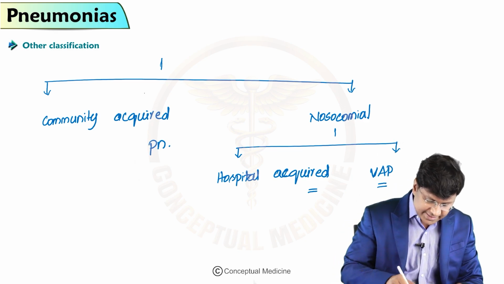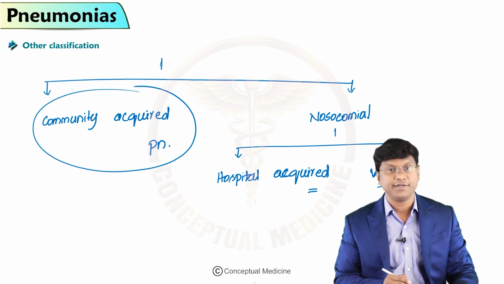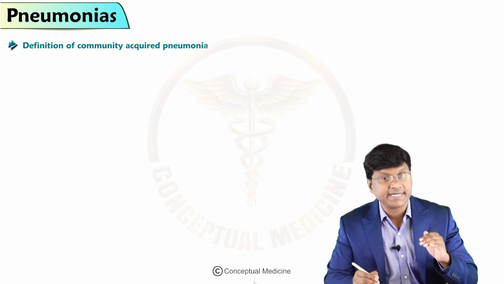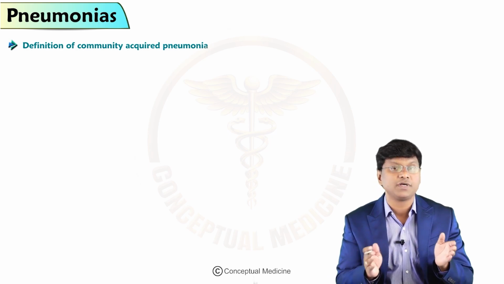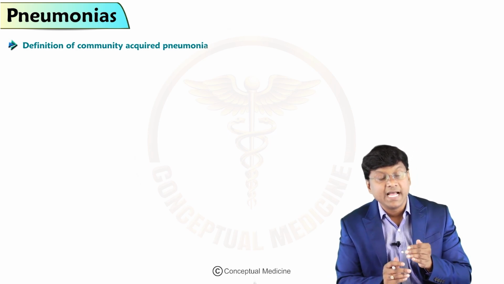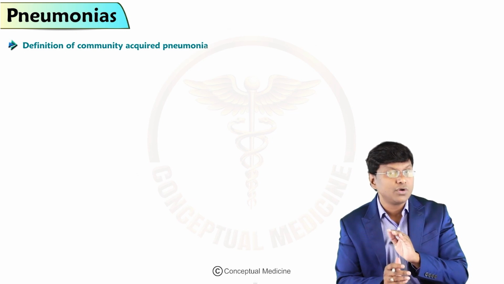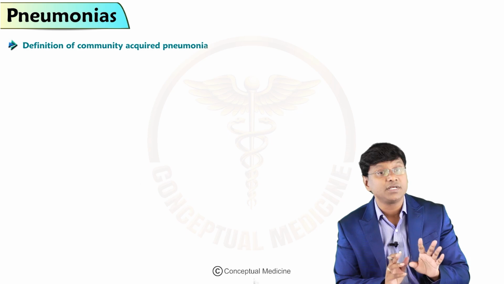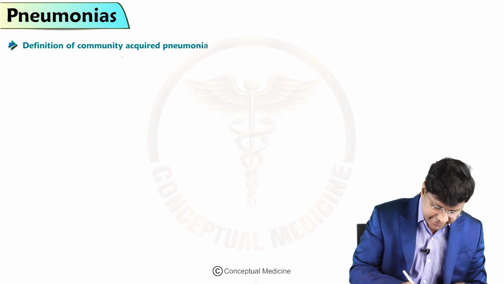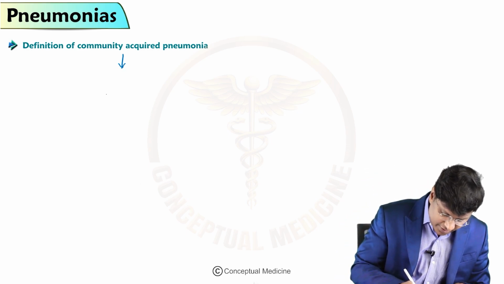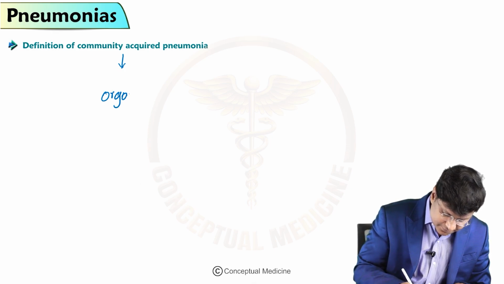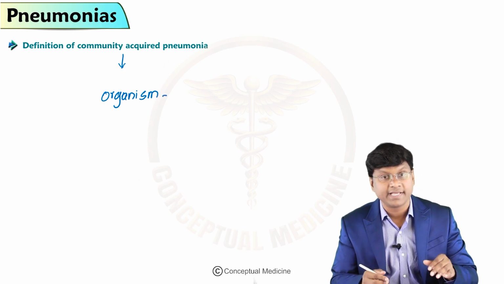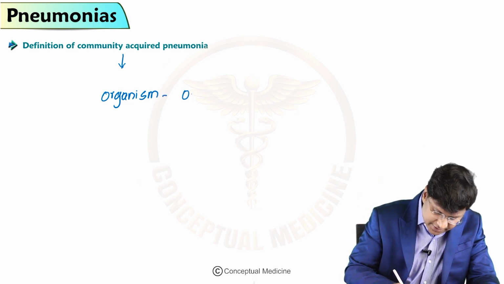Now, let me discuss in detail community acquired pneumonia. Community acquired pneumonia is diagnosed outside of the hospital in ambulatory patients who are not residents of nursing homes or other long-term care facilities. The word itself tells you the individual has acquired the organism outside the hospital.